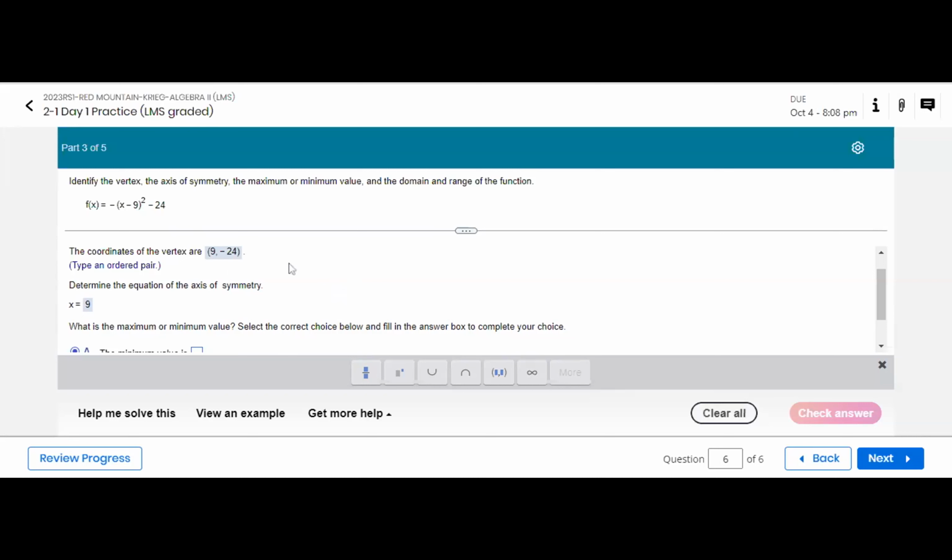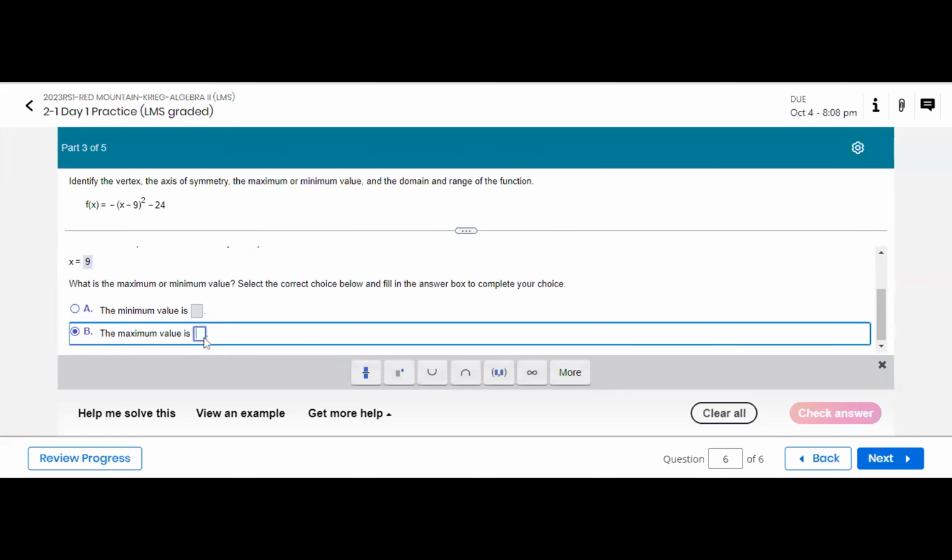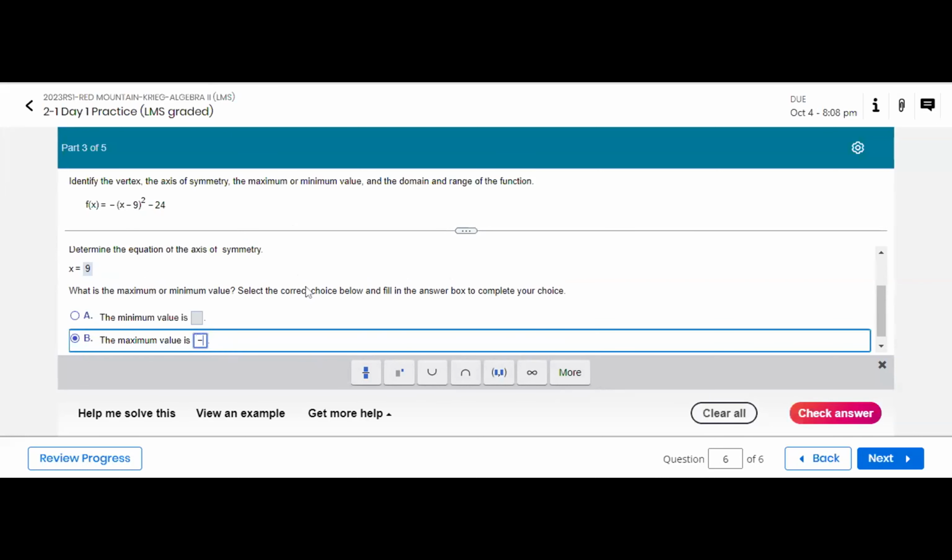If it opens down, it has a maximum. Sorry, I said minimum earlier. If it opens up, it has a minimum. Okay. So this has a maximum. That's right. And the maximum is the y value of the vertex.